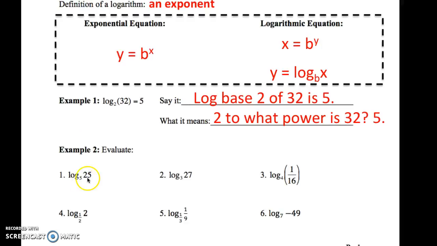So in order to do that, we want to set that equal to y. And we want to rewrite this as an exponential. So we're going to take 5 to the y power must equal 25.